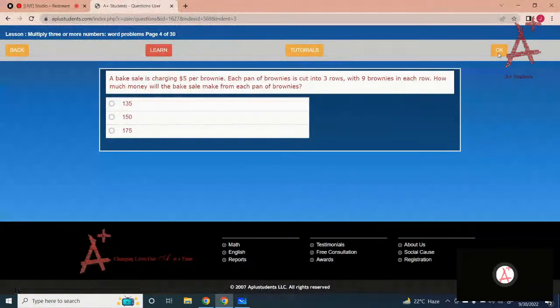Okay, let me read the next one. A bake sale is charging $5 per brownie. Each pan of the brownies is cut into 3 rows with 9 brownies in each row. How much money will the bake sale make from each pan of brownies? So you have 3 numbers, you have to multiply them, 5 times 3 times 9.